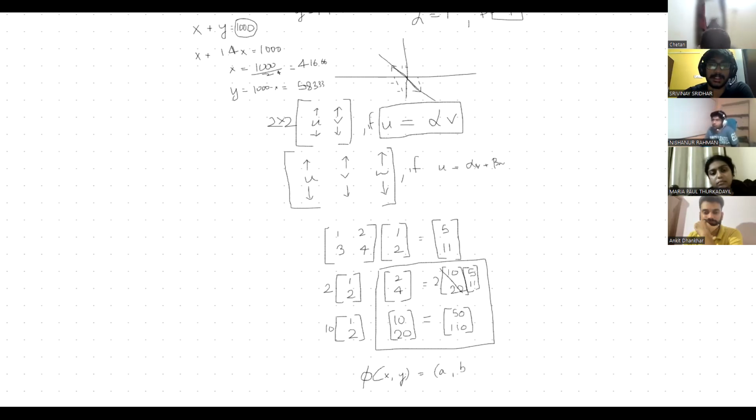Let me write it as a linear combination. What is the matrix? 1x plus 2y, so x plus 2y, comma, 3x plus 4y.